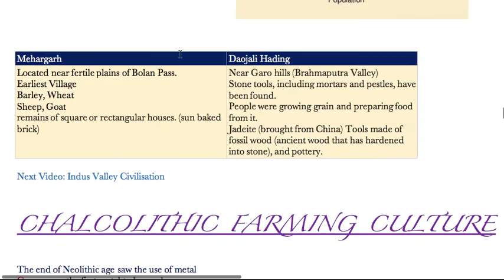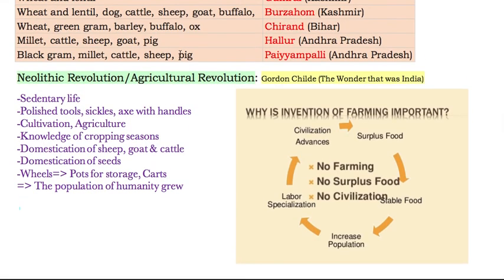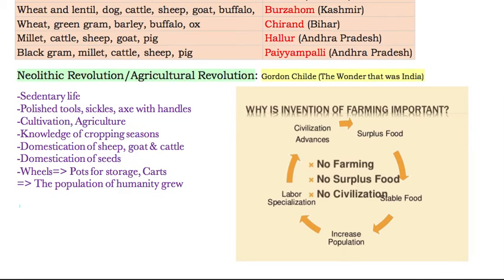So previously we dealt till the Neolithic revolution, and we came to know how this Neolithic revolution was very important for the development of civilization. We also dealt with three phases: the Paleolithic, then Mesolithic, and then the Neolithic.